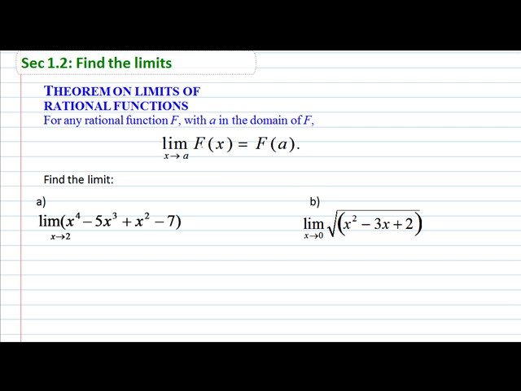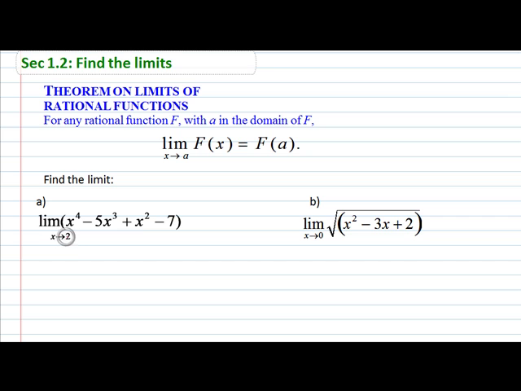So here is an example, I will show you how to find a limit. Example A. I'm looking for the limit of this function, where x goes to 2, meaning x goes very close to 2. You see this function is a polynomial. The domain of the polynomial is all real numbers.